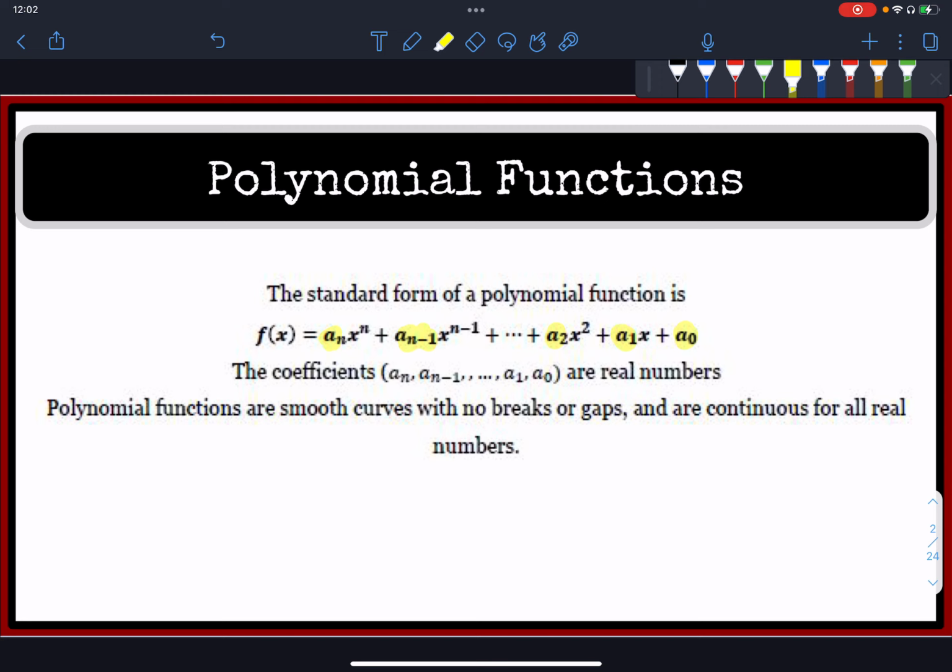Now, a polynomial function is a smooth curve with no breaks or gaps, and it's continuous for all real numbers. So there are no holes, no jumps, no type of discontinuity at all. Every time we change direction, we change direction by using a smooth curve at those turning points.